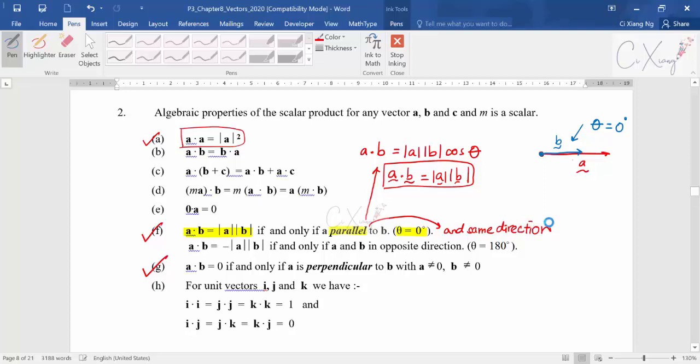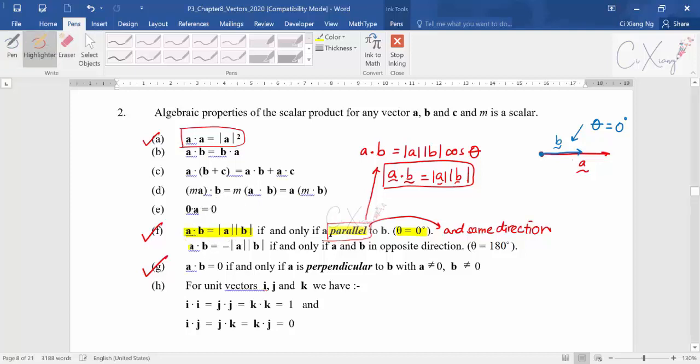So for parallel in the same direction, you can use the result A dot B equals modulus A modulus B. If they only mention parallel, but they didn't mention whether it is the same direction or opposite direction, then you use the previous method that we used in the previous video, which means you write U1 equals lambda U2. But if they mention clearly parallel with same direction, then you can apply this formula.